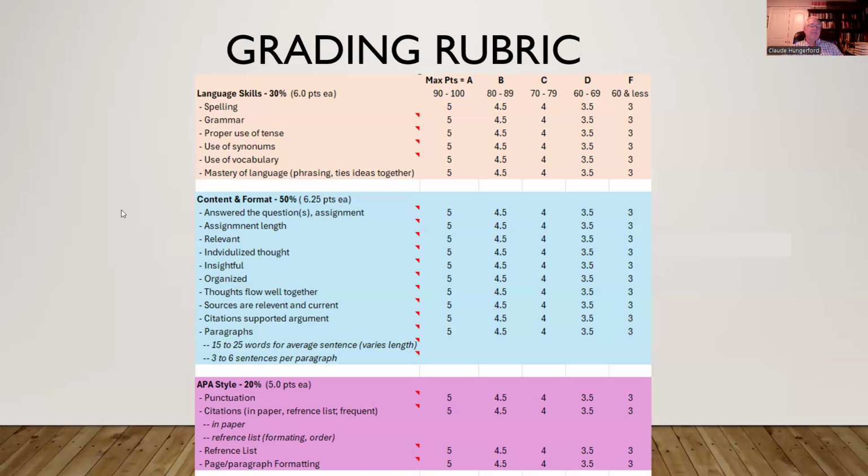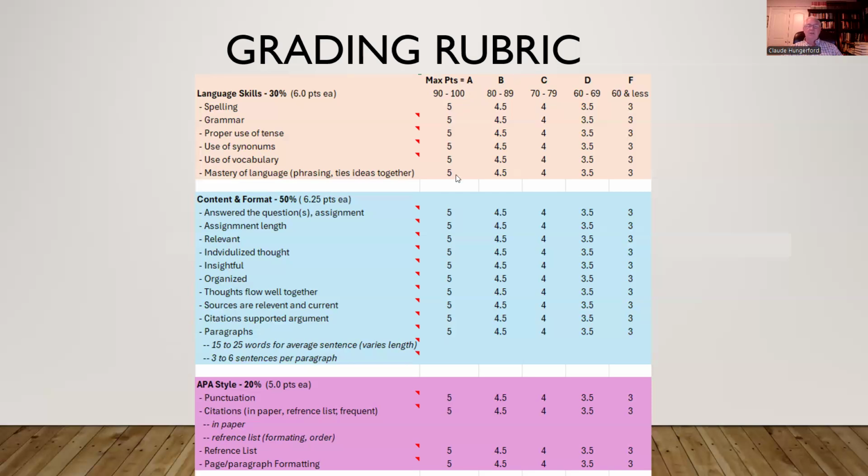A lot of the papers I've read are very good, and I'm making some suggestions, so I'll put some of those suggestions. And as for the point value, between the three areas there are 20 subcategories that we're going to be looking at. So you do the math: 20 times 5 is 100.